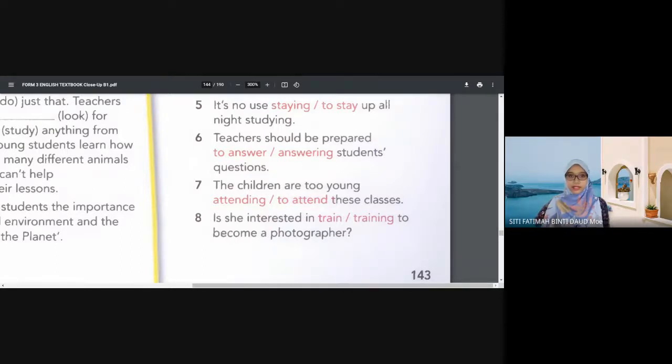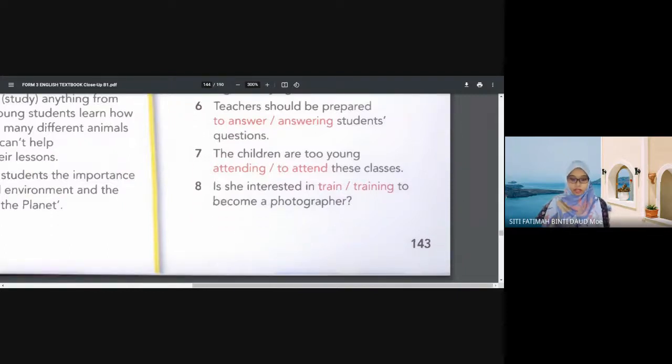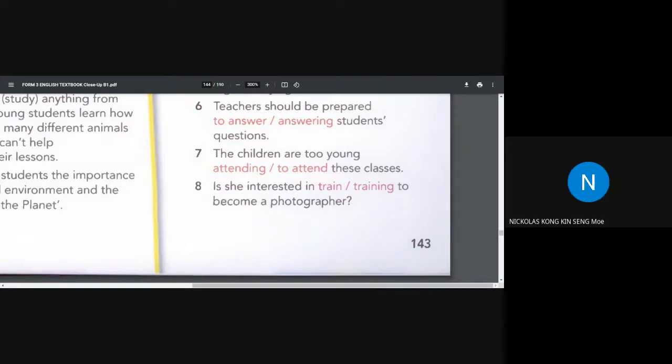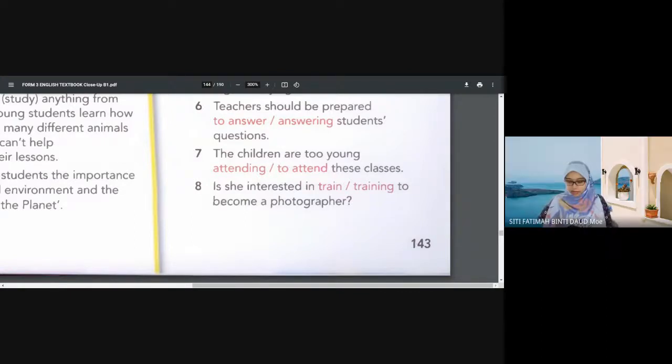And last one, is she interested in training to become a photographer? Training. Very good. Is she interested in, because of the preposition here, in training to become a photographer?